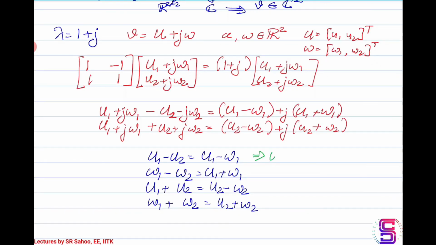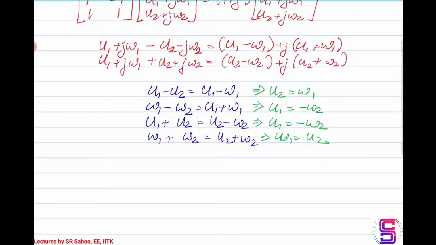So this tells me that u2 is equal to w1, then from here I get u1 to be equal to minus w2. Here I get u1 is minus w2, and here I get w1 is u2.